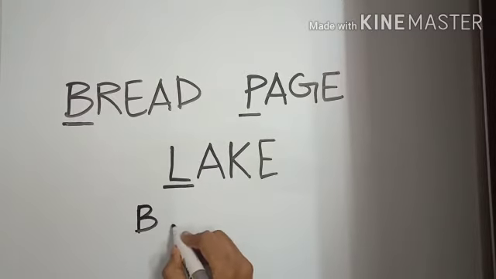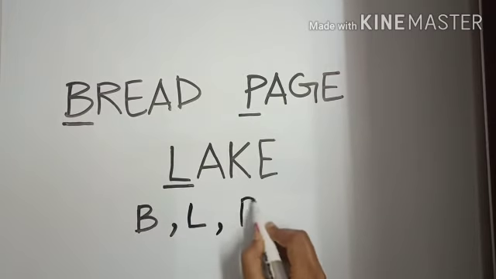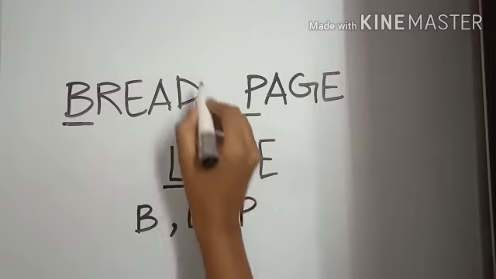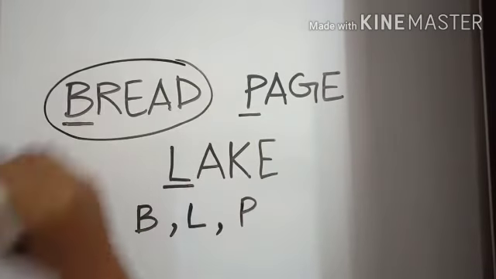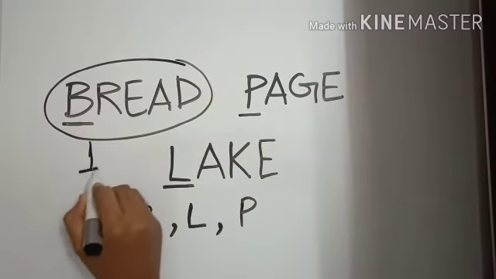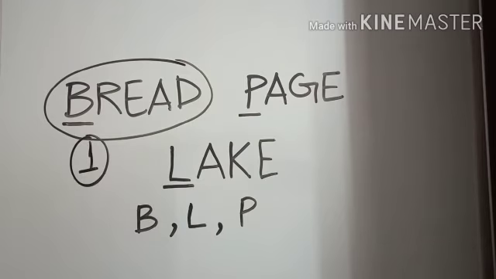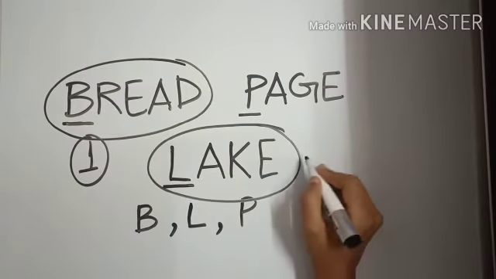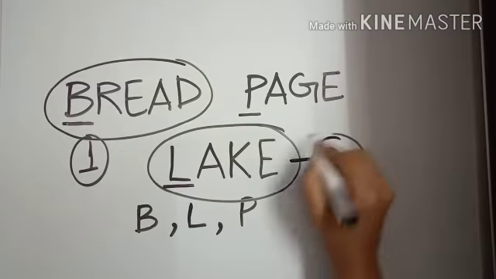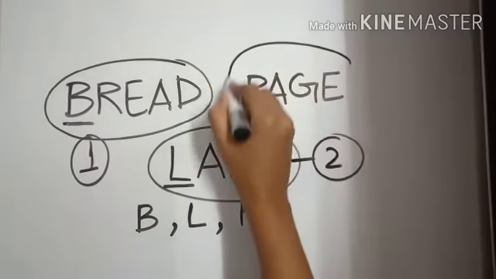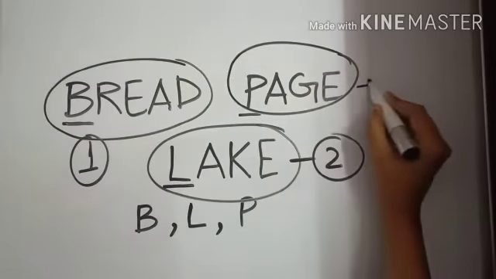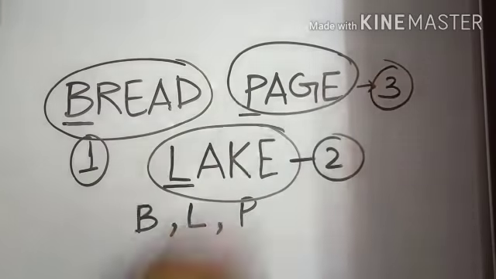After B, the letter L. And at last, the letter P. So we can say that the word bread comes first in a dictionary. The word lake comes second in the dictionary and the word page comes at last.